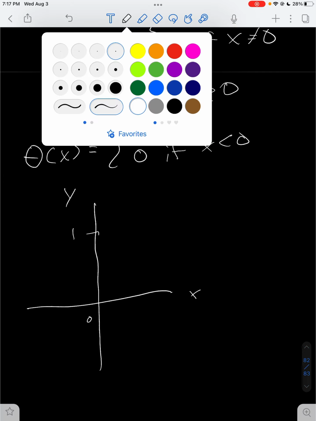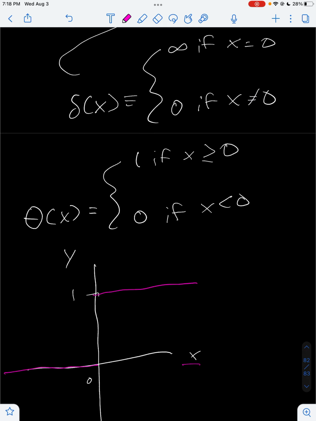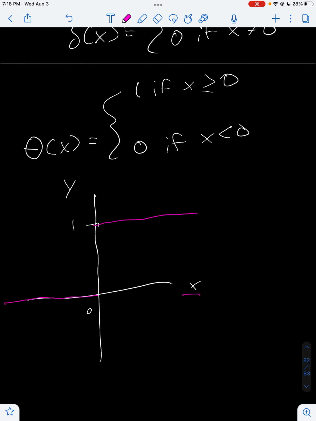It's going to be 1 if x is positive, basically, and 0 if x is negative. So it sort of picks out the positive numbers from the negative numbers. It projects all the positive numbers on the x-axis onto 1 in the y-axis, and then it projects all the negative numbers on the x-axis to 0. So that's the Heaviside function.